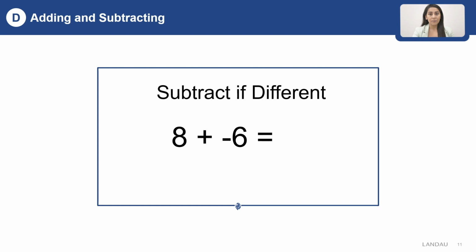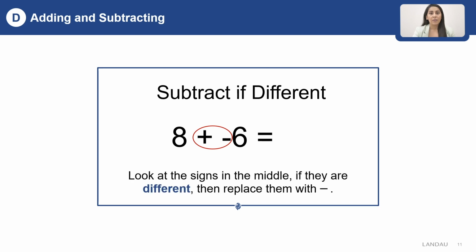In the meantime, if the signs in the middle are different, you can replace them by a minus, negative sign. For example, 8 plus -6, the 2 signs in the middle will be replaced by minus, and the answer is going to be +2.